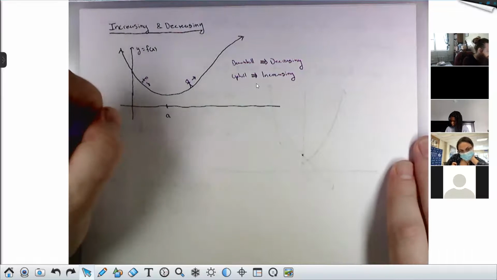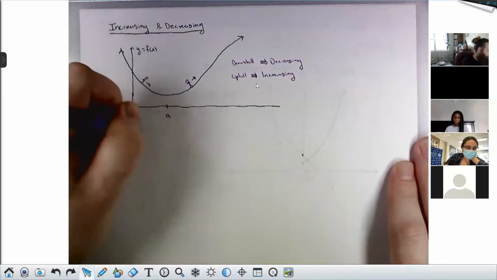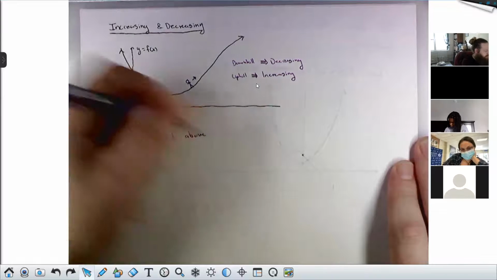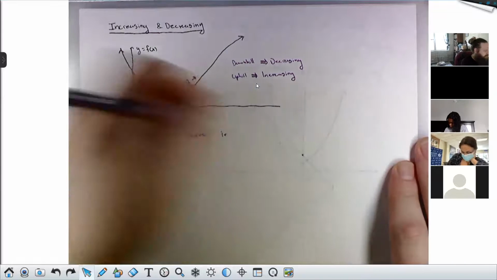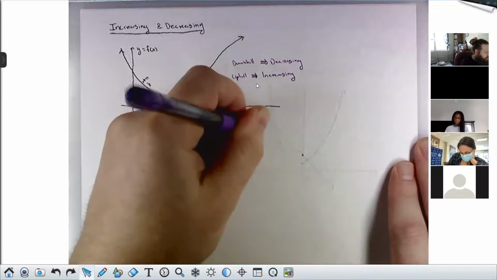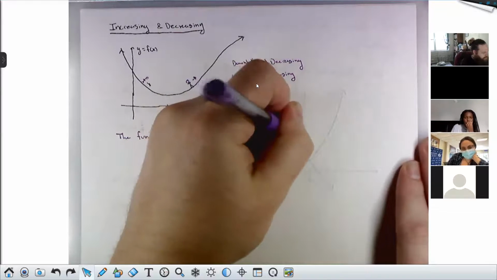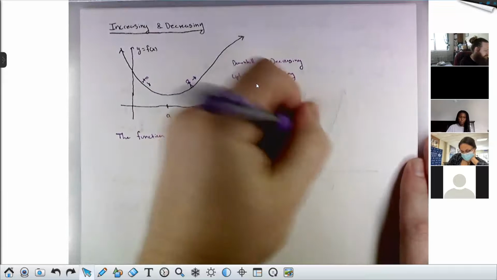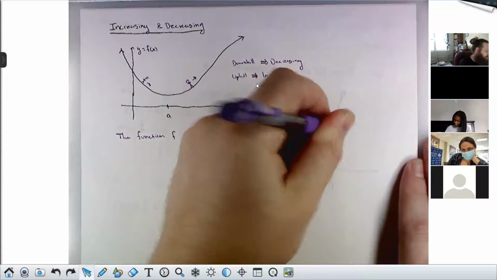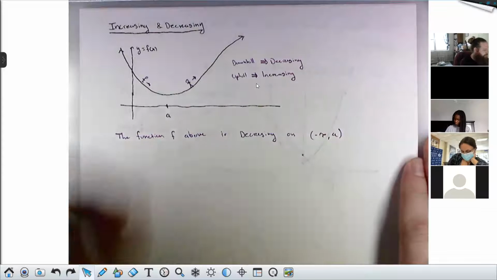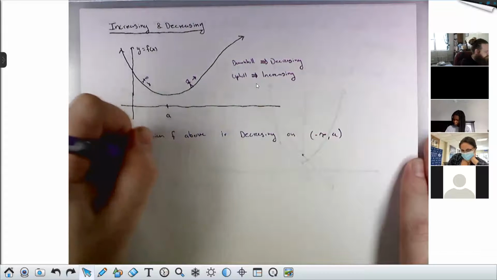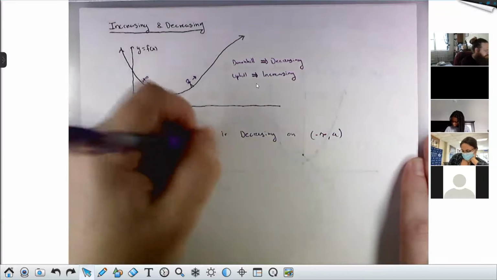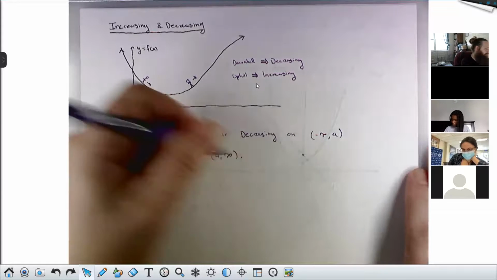So I would say this function f above is decreasing, and the word we use here is on, decreasing on the interval negative infinity up to a, and increasing on the interval a to infinity.